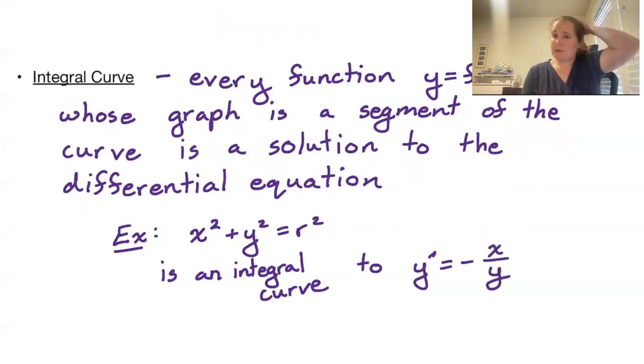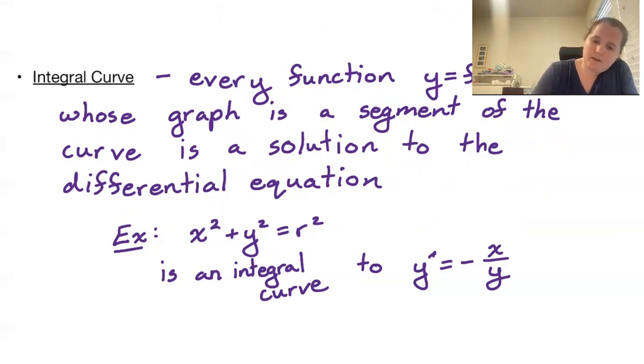So x squared plus y squared equals r squared is a circle that's not a function. So we would need to split it essentially into two pieces. So note x squared plus y squared equals r squared is not a function, but we can split it into two functions.